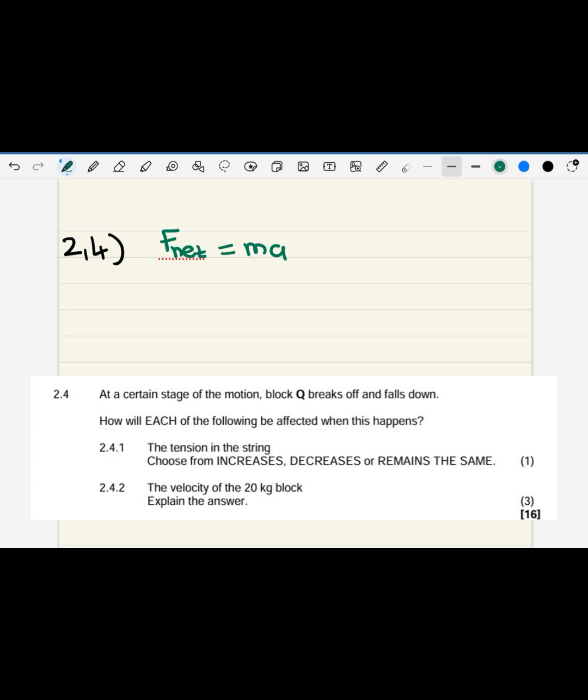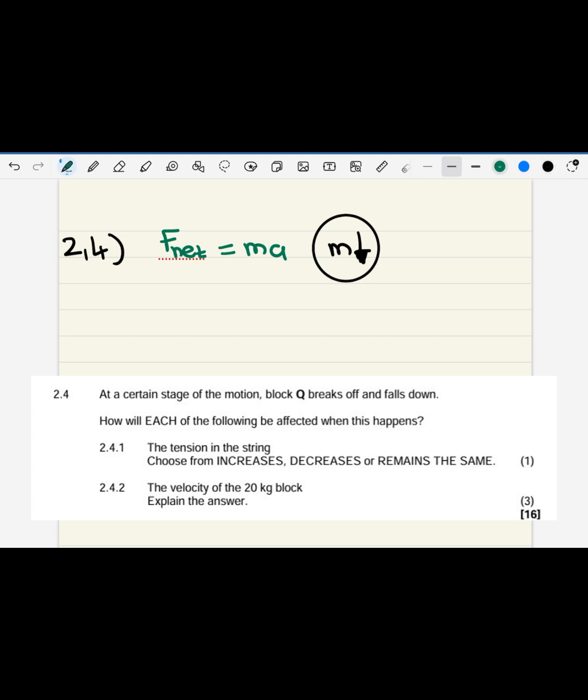Based off the question, we know that when block Q falls off, the mass will decrease. This is important. You need to understand that. By them saying block Q falls off, you should be able to say the mass decreases. That is what they're looking for.